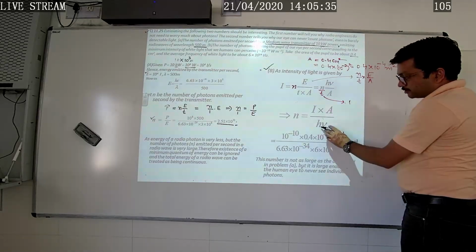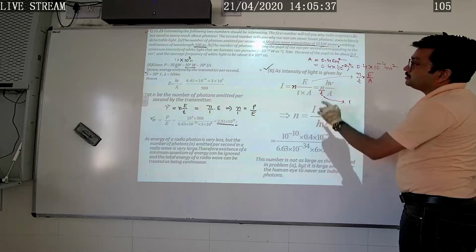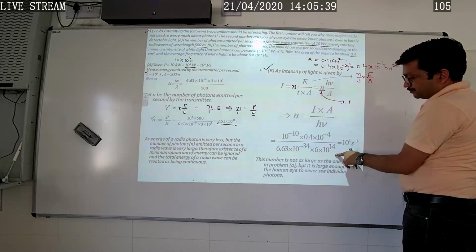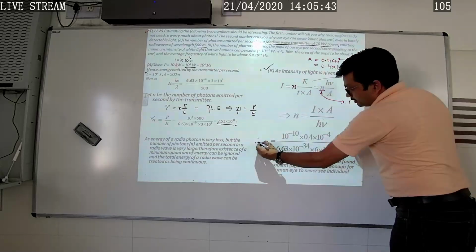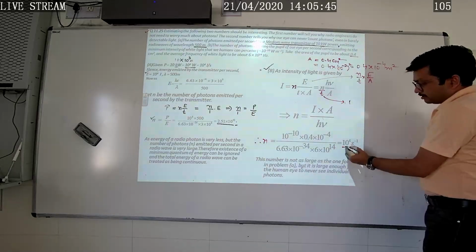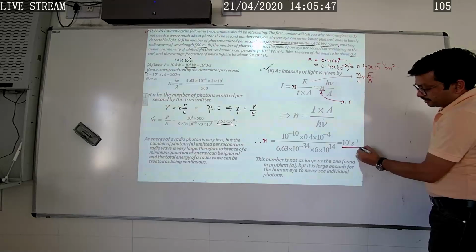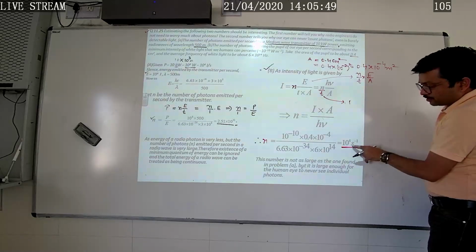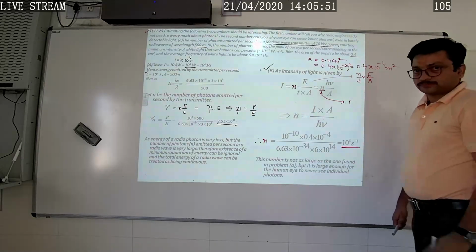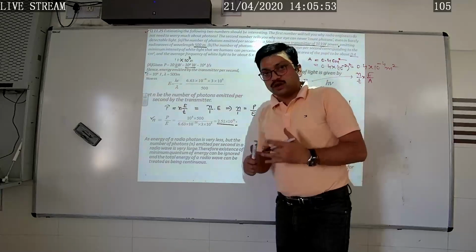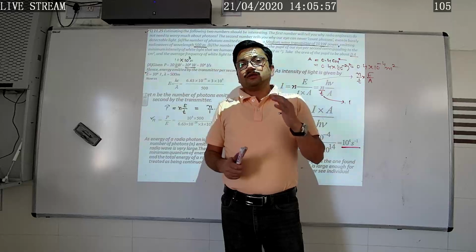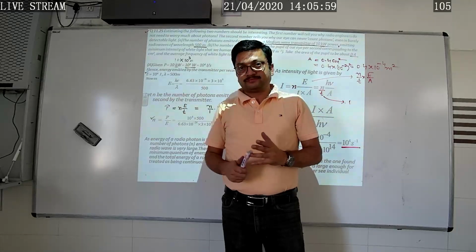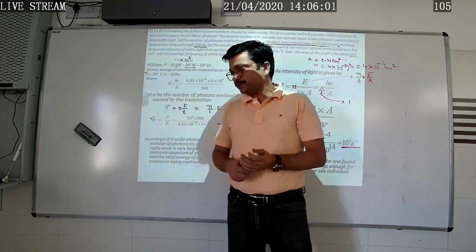Substituting the value of Planck's constant and the frequency 6 into 10 to the power 14, we got the number of photons entering the eye as 10 to the power 4 photons per second. Now how large are these photons? 10 to the power 4 photons per second, and this number is also very large.